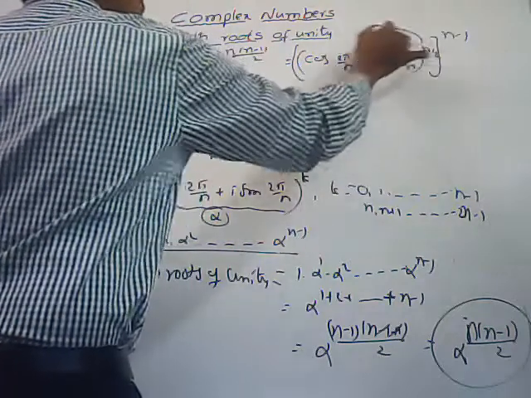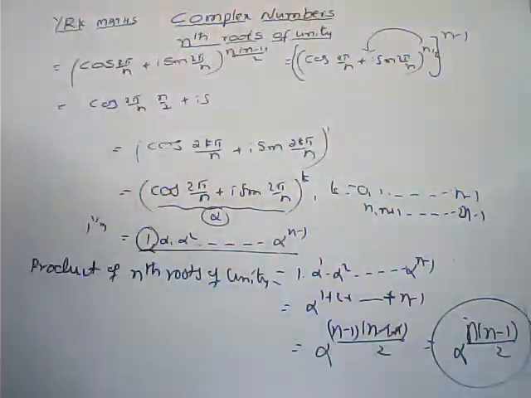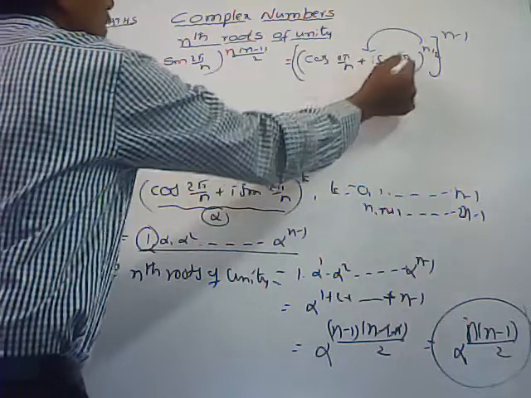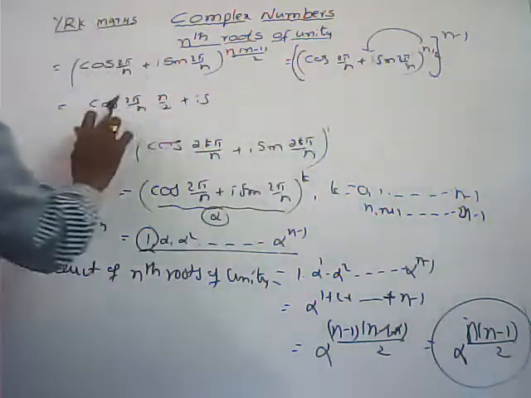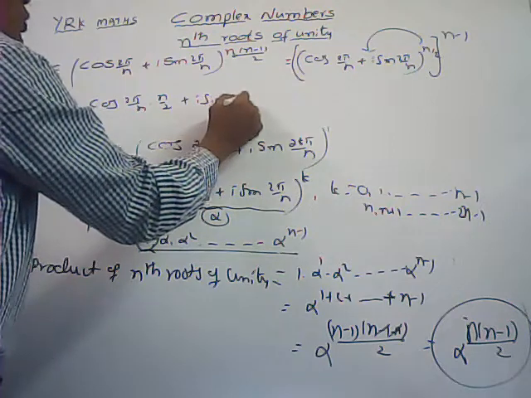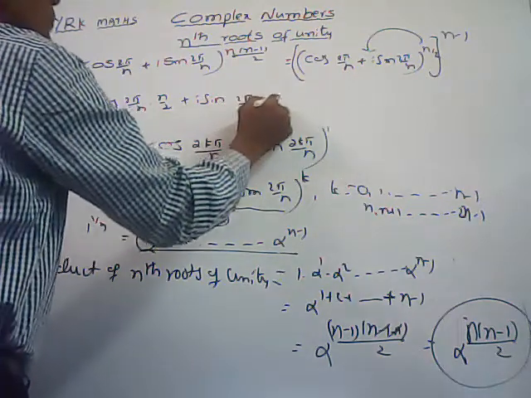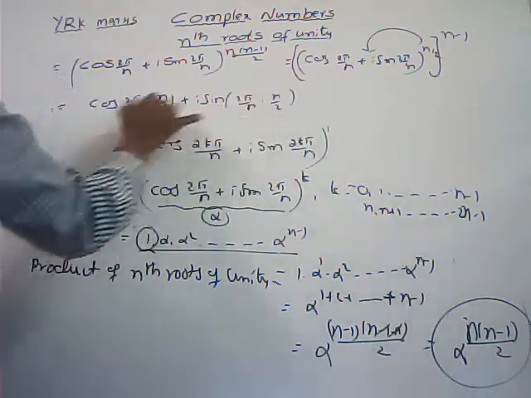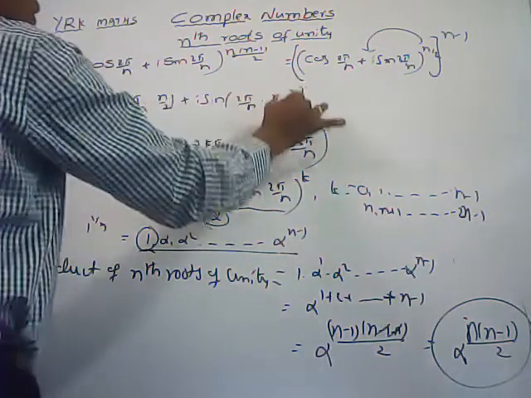Now again here I am applying De Moivre's theorem. Cos theta plus i sin theta whole power n, we can write as cos n theta plus i sin n theta. So we get cos of 2 pi by n into n by 2, plus i sin of the same, whole power n minus 1.